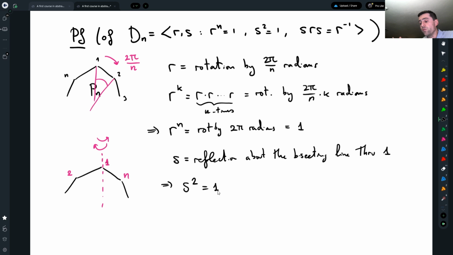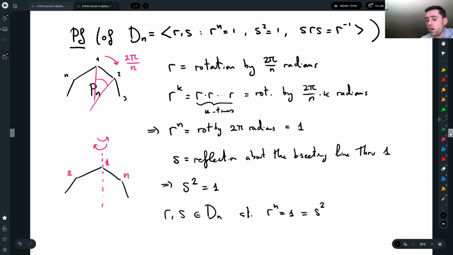So now I have 2 elements, R and S, that are part of Dn, and such that, by the way, R to the n is identity, and S squared is the identity. So next, I need to show you that they actually generate every single possible symmetry.